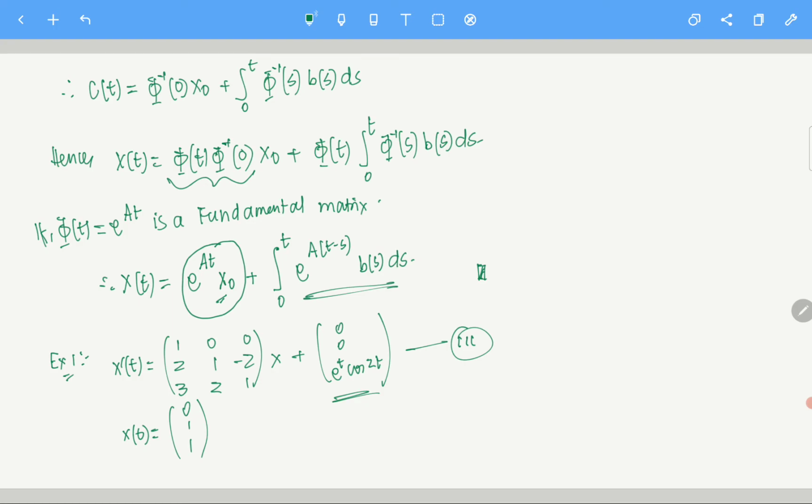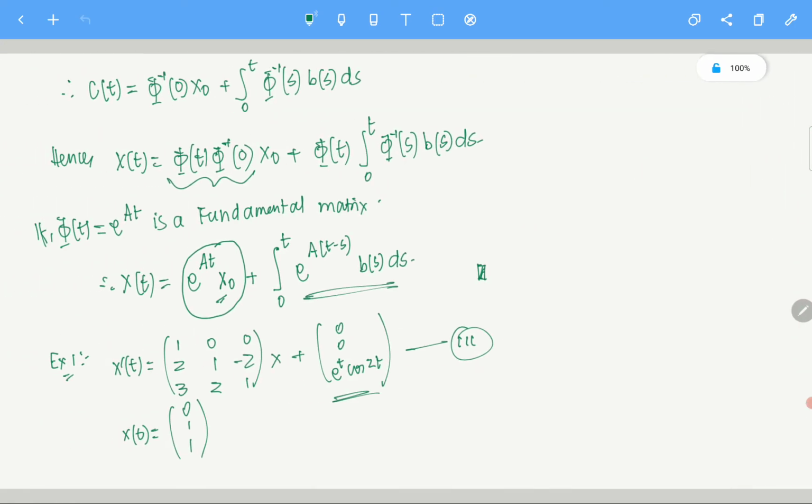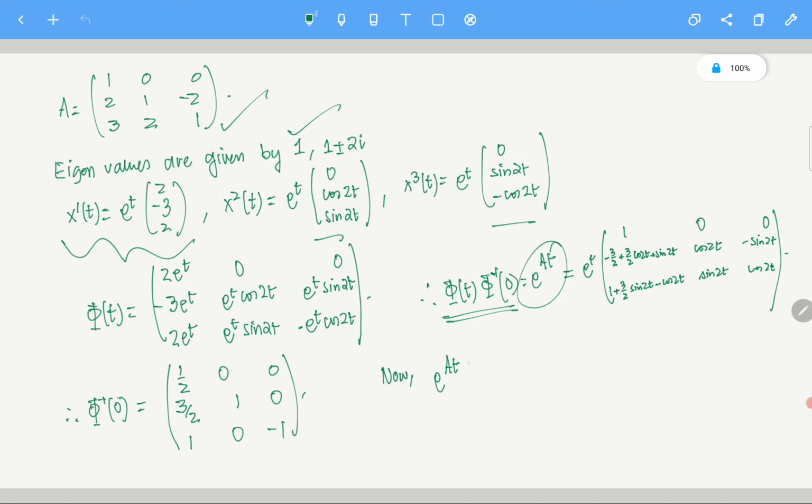So now you see, e power at times x naught. So x naught is given as 0 0 0 1 0 times 0 1 1.